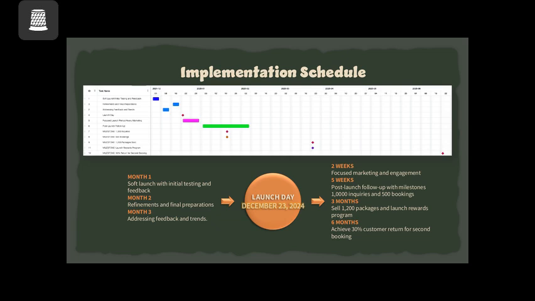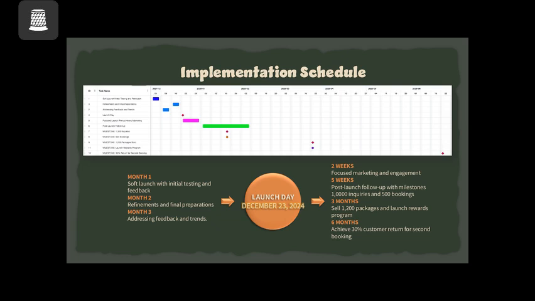Following this launch, we'll have a 2-week focused marketing engagement period where we'll roll out heavy promotions, including social media campaigns, email marketing, and outreach to student organizations to generate awareness and bookings. Afterward, we'll shift into a 5-week post-launch follow-up period to track key milestones like inquiries, bookings, and customer satisfaction.